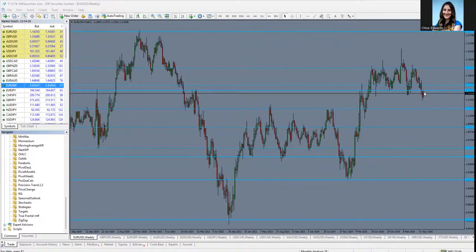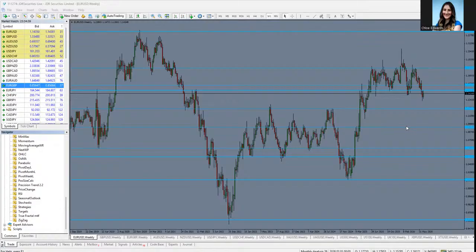Much of my market analysis is based on a roadmap, if you like, of where price is moving from and where it is heading to based on these horizontal levels.